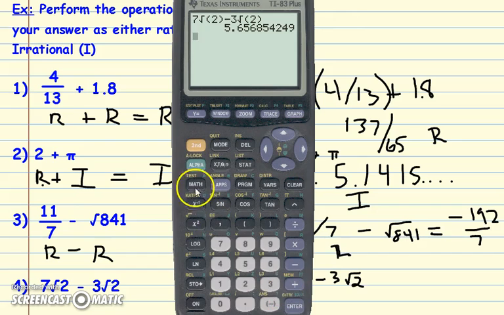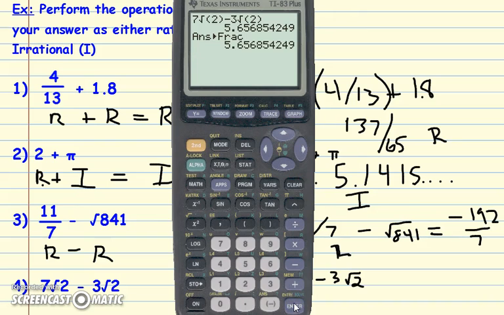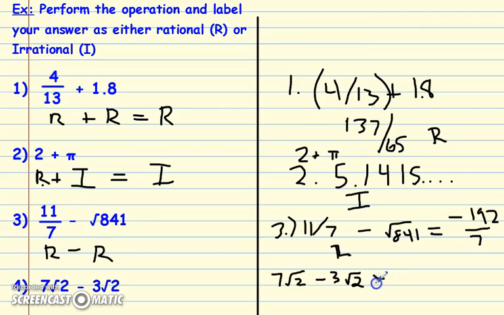All right, again, looks irrational, but let's just double check. Oh, and it is irrational. So we're going to say that this equals about 5.65 and it keeps going, which is irrational.